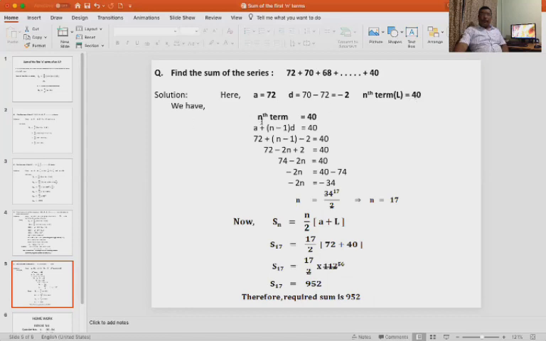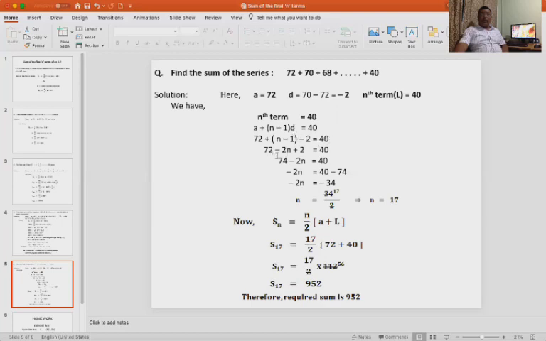Now we know that the nth term here is equal to 40. Now A plus n minus 1 into D is equal to 40. Your A here is 72, so we put here 72 plus n minus 1 into D, in which your D here is minus 2, equal to 40.